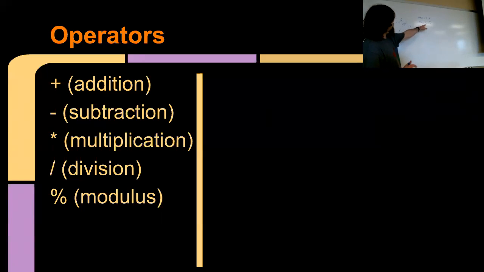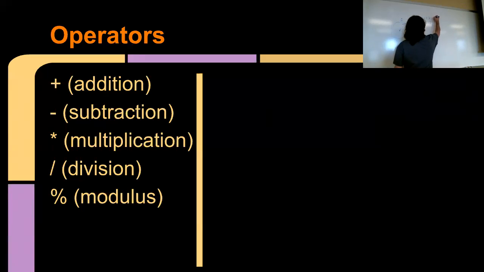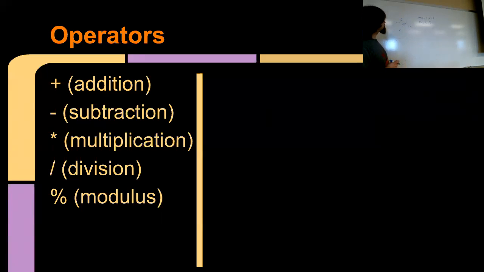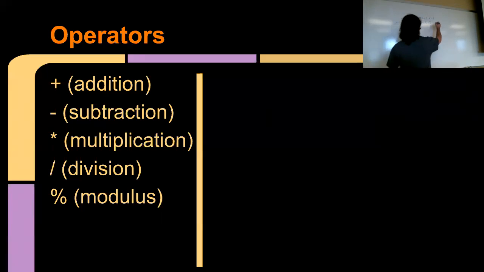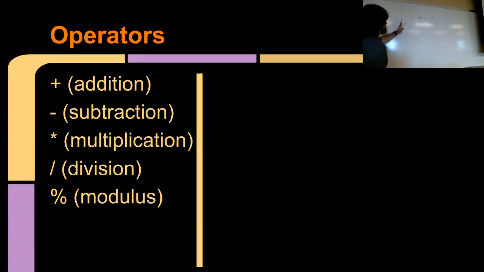So now, if I take this and add 1, what is this result going to be? 13 plus 1 is 14. What is 14 mod 12? Exactly, it's going to be 2. We can just think about it like on the clock. If we go all the way around, we can subtract 12 from whatever this is, and we want 2.